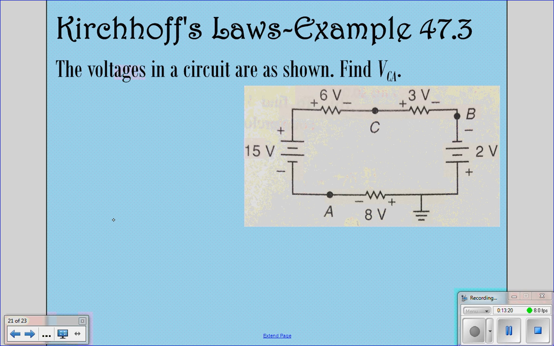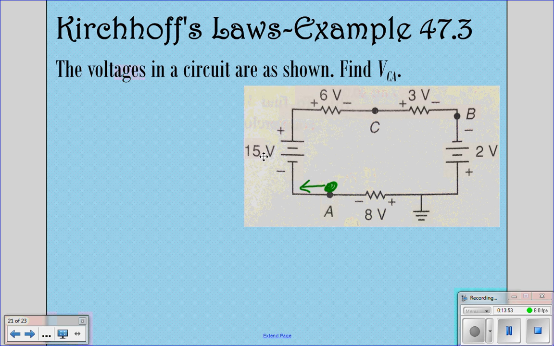So what that means, this V sub CA here, means the voltage at C with respect to A. So A is the reference point, and so we're going to start at A. So we're going to start right here, and then we can go clockwise or counterclockwise. They usually go clockwise, so that's what we're going to do. We're going to go around this way.